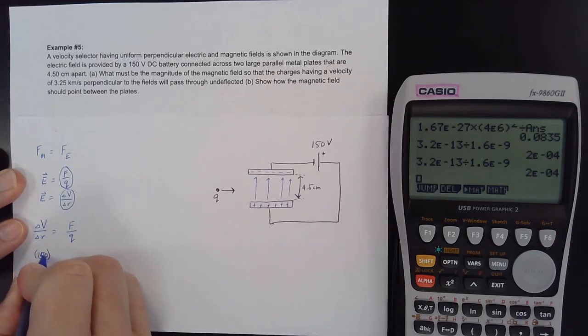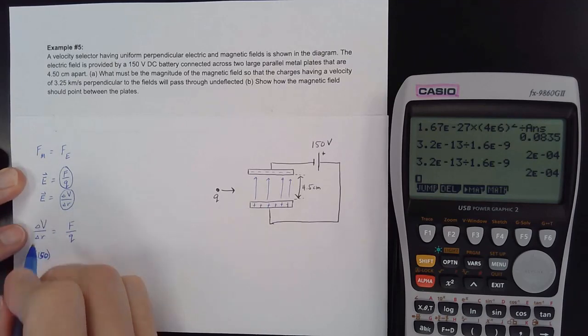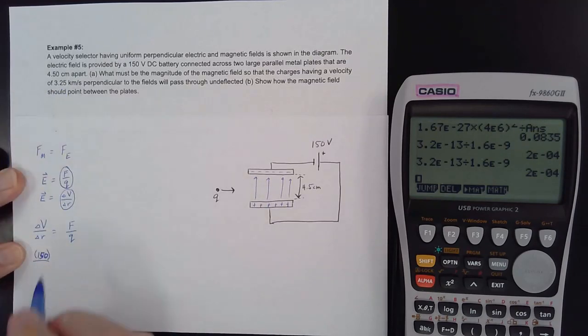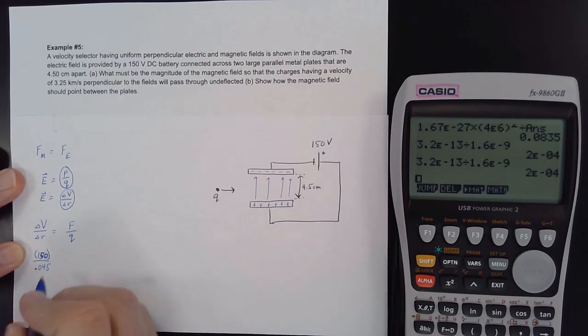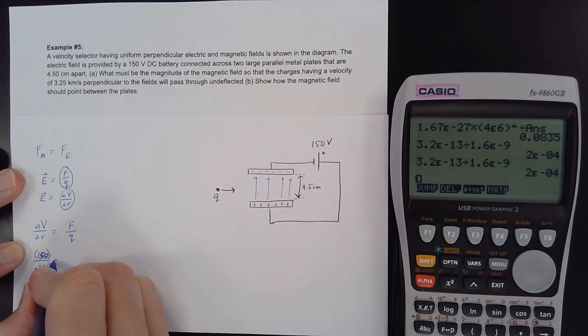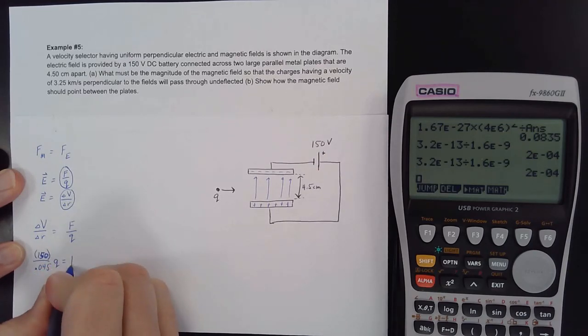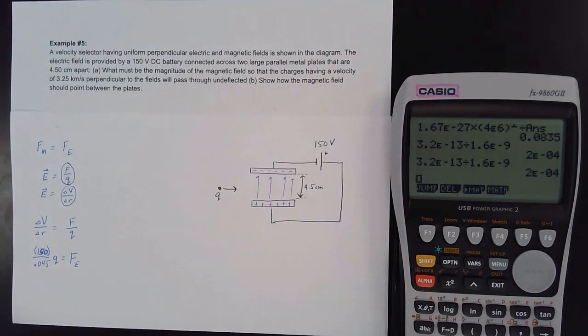Sorry, I can read, I promise. Then we've got the radius, the distance between them, which is 4.50 centimeters, which is 0.045. We're going to multiply by Q, and that then will give us the electric force. Now, we don't actually need that number.